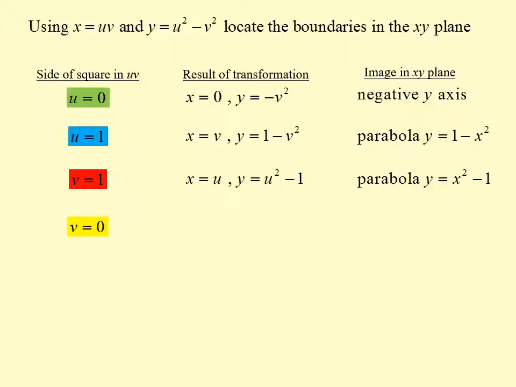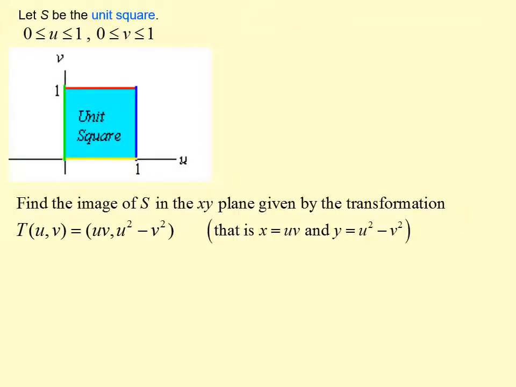If we take v equals 0, the bottom line of the region, we get y equals u squared, or y as a positive. So we have this square that is mapped onto this region.